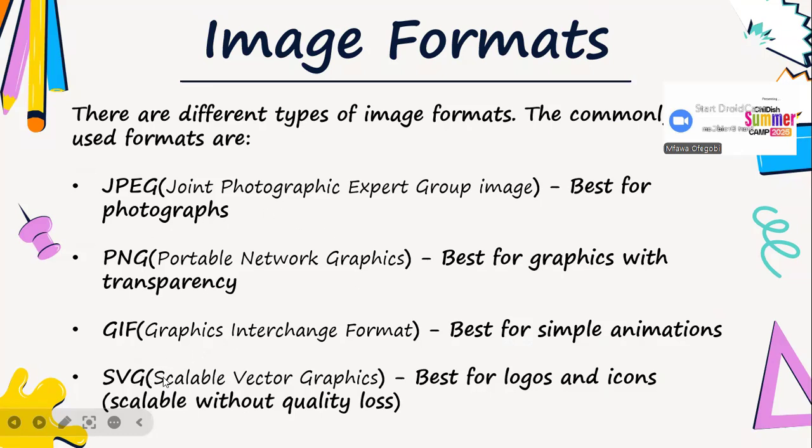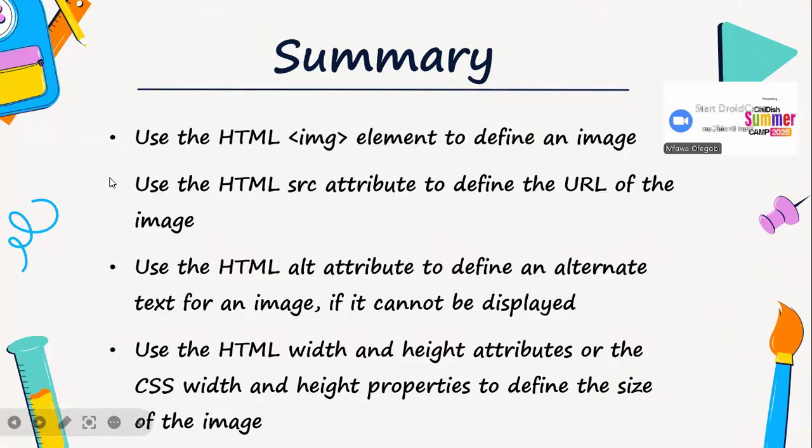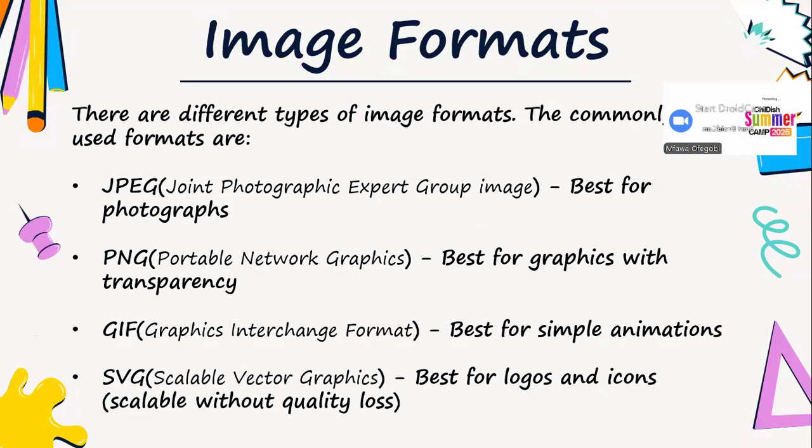All right, SVG, Scalable Vector Graphics, best for logos and icons, scalable without quality loss. What this means is that you can increase the size of SVGs without losing any form of quality. The pixels will still be very bright and clear.